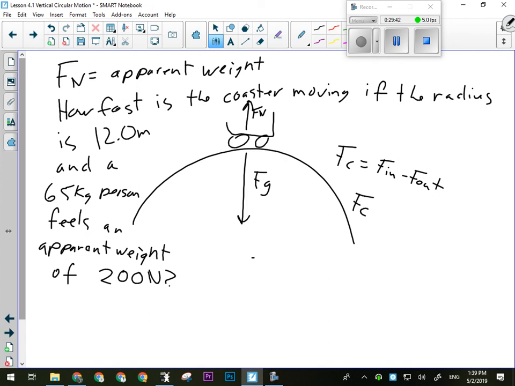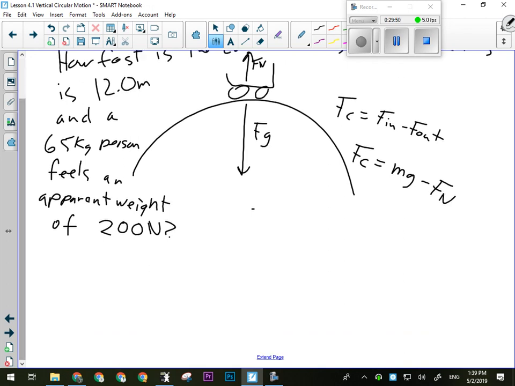Fc is going to equal m times g, the force of gravity, minus the normal force. Plugging in my formulas, that's mv squared over r, our Fc, equals m times g minus 200 newtons, because they told me the value for Fn.